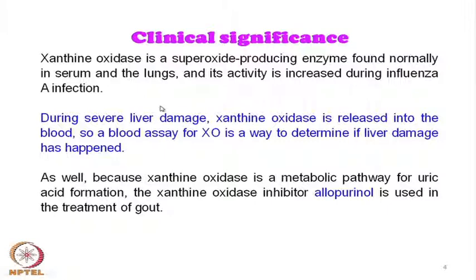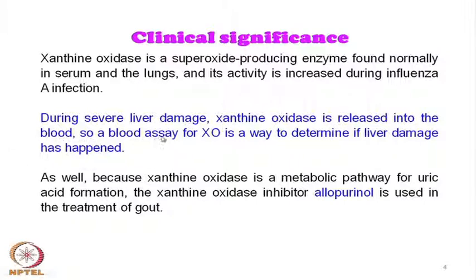Accumulation of uric acid in the body would be more in some diseased conditions. Also, in some cases of severe liver damage, xanthine oxidase is released into the blood.